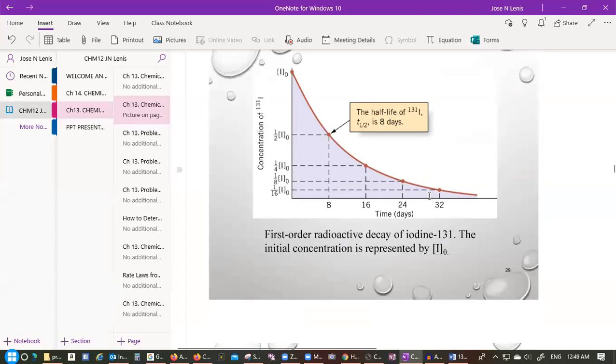Another application of rate law is half-life. And we'll see the relationship with half-life. What is half-life? This is an example of radioactive decay for iodine-131. Iodine-131 is a radioactive isotope, a radioisotope.